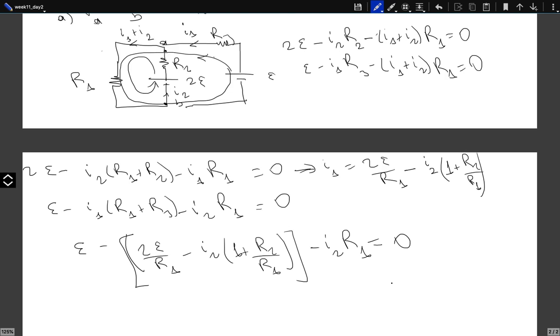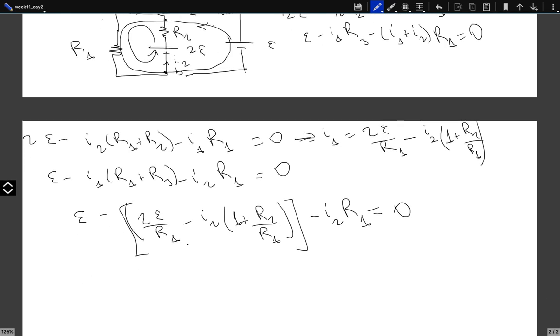Okay, let's solve it. So you can solve this equation for I2.